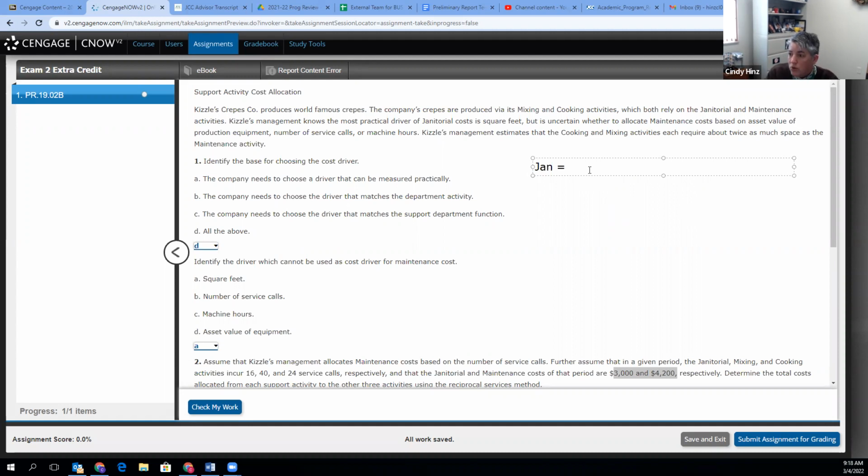And so the janitorial direct costs are $3,000, but we want to add to that a piece of the maintenance. And maintenance is going to be allocated based on our service calls. So how many service calls do we have? Add those up.